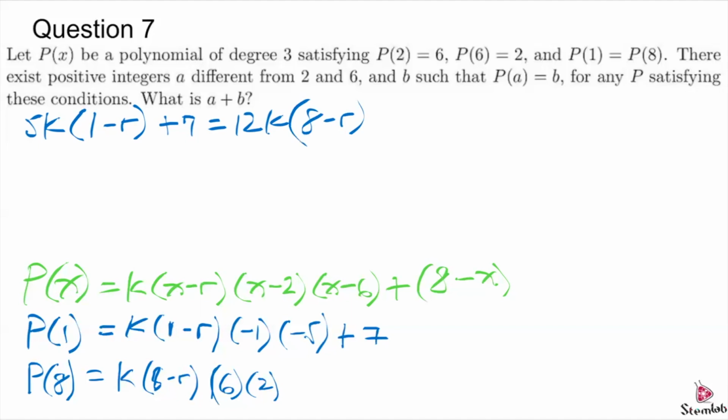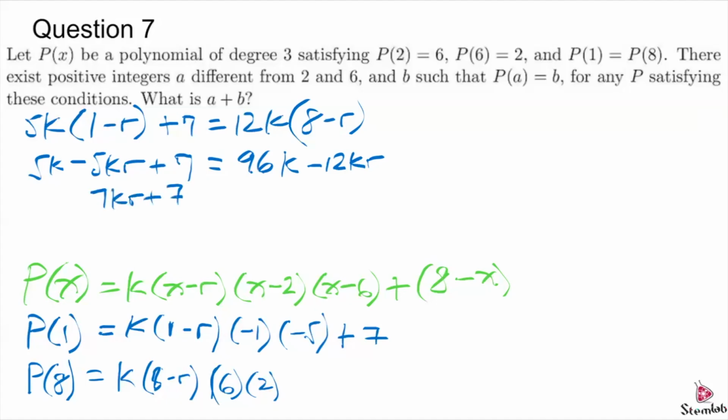So the first one, or the left-hand side, becomes 5K minus 5KR plus 7, is equal to 96K minus 12KR. So doing some transpositions, we have 7KR plus 7 equals 91K.